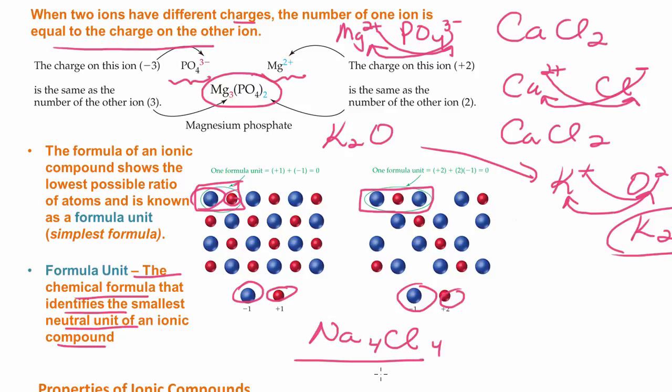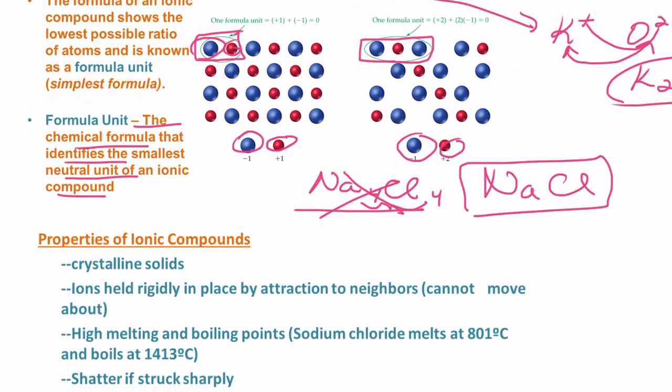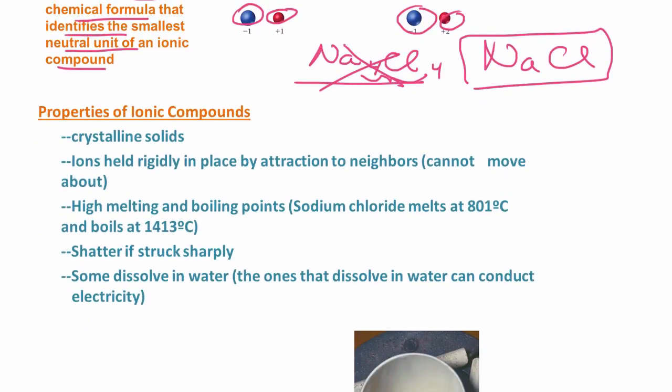And yeah, you can have 4 sodium ions and 4 chloride ions. That's going to give us a net charge of 0. But that is not the smallest formula unit. This is incorrect. We have to reduce these subscripts to the lowest possible value. So here we have it, sodium chloride.